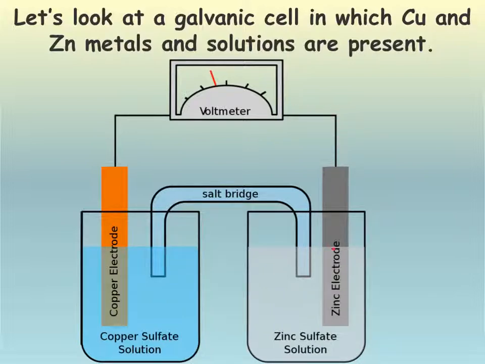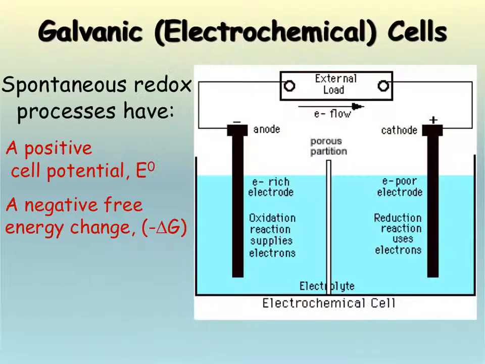And the wire continues to a zinc electrode, so this is solid zinc over here, that is in a zinc sulfate solution. And then we have this little weird U-looking thing that is connecting our copper cell and our zinc cell, called a salt bridge. All right, so a galvanic cell is only going to be spontaneous redox processes, which means that there is a positive cell potential and a negative delta G.